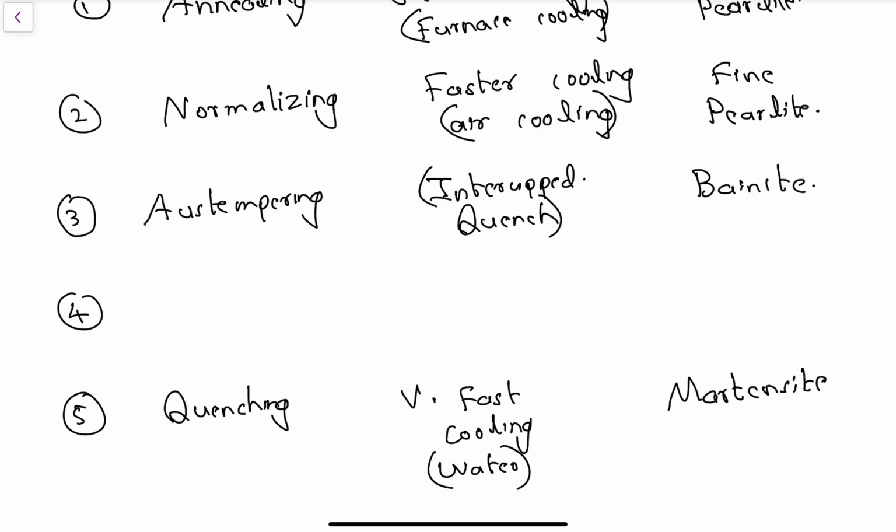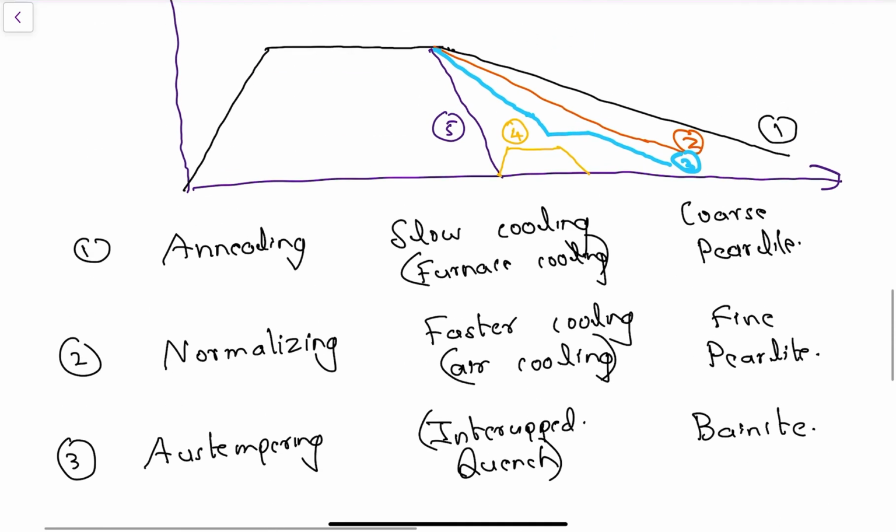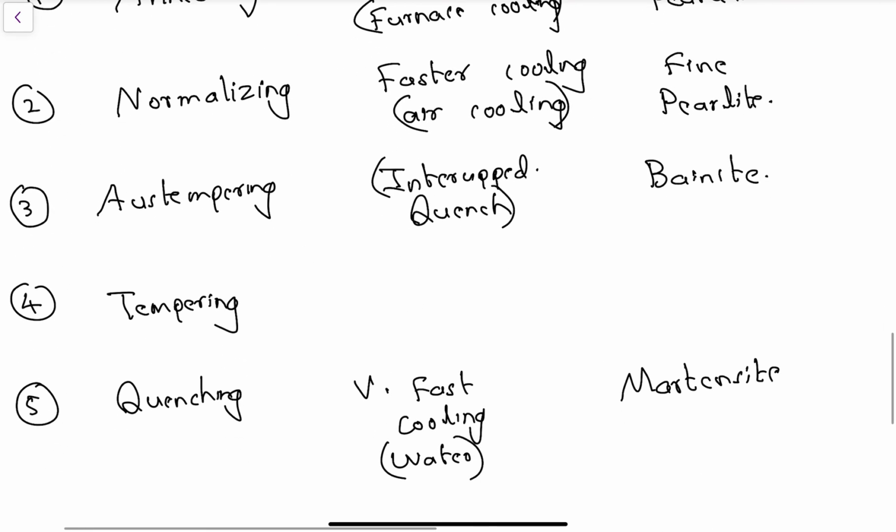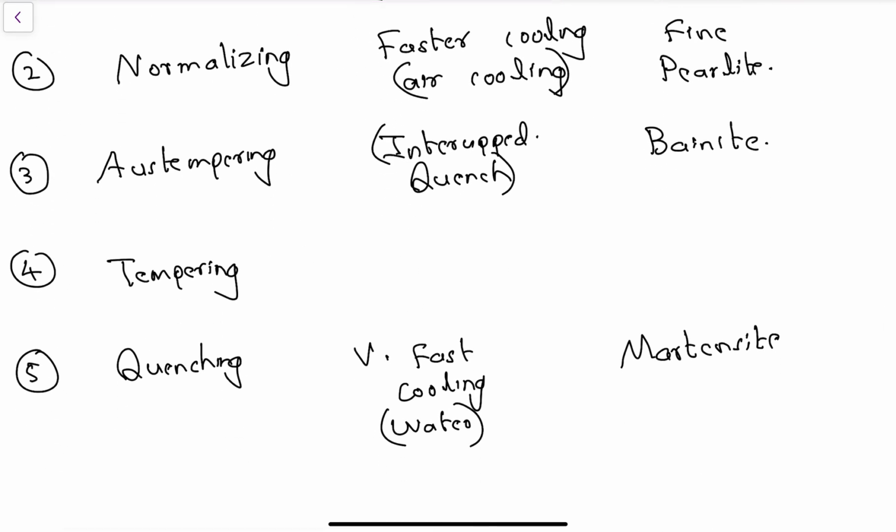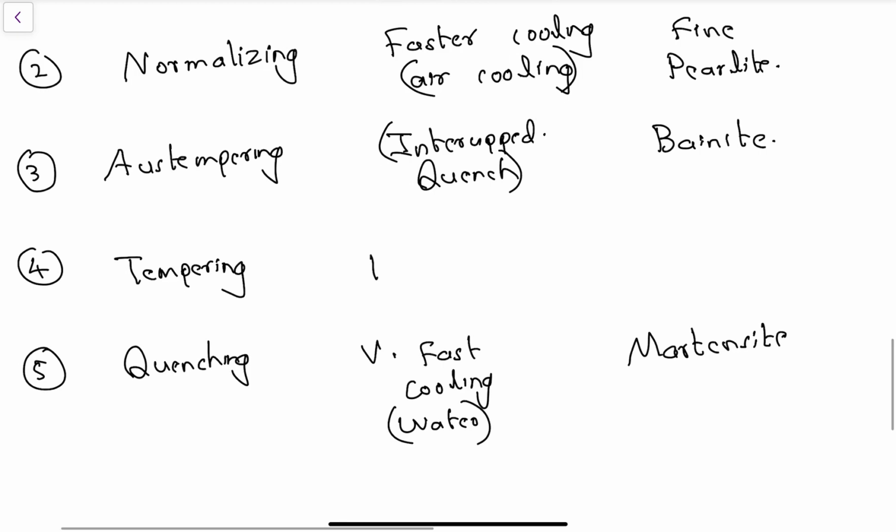And the fourth process is called tempering. In the figure you can see 4, that means you are quenching it to get martensite, heating again to a particular temperature, holding it for a period of time, then cooling. So that is heating after quenching.